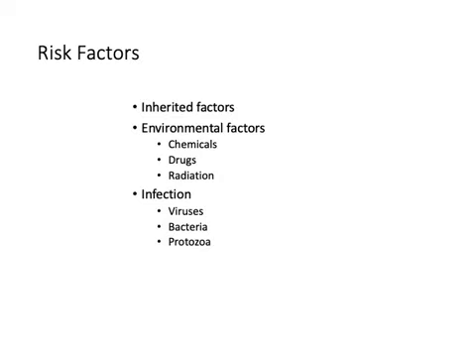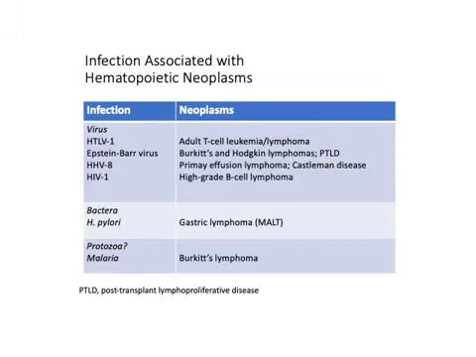Now, certain types of infectious diseases have been associated with certain types of hematologic neoplasm. This includes HTLV1, which is said to be the causative agent of adult T-cell leukemia lymphoma, a rare form of malignancy commonly seen in ethnic groups in Japan and in the Caribbean areas.